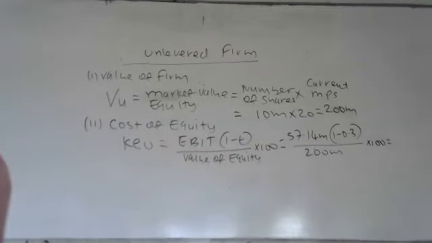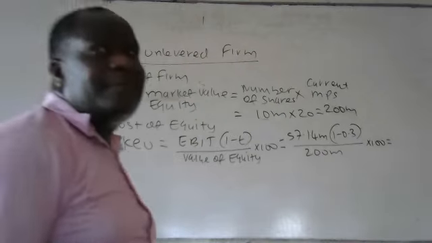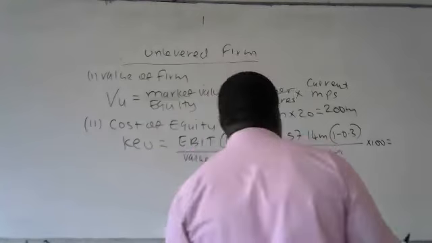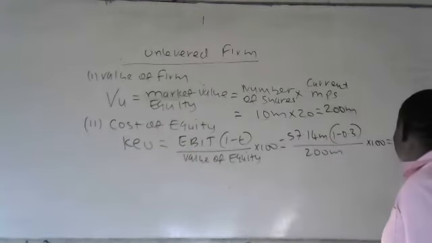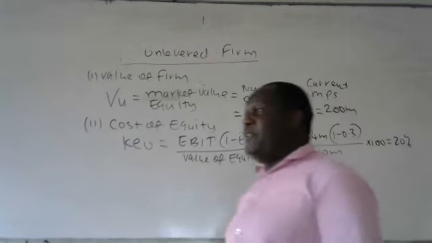Then we show that value as a percentage. So it is giving you 20%. That is now our cost of equity.